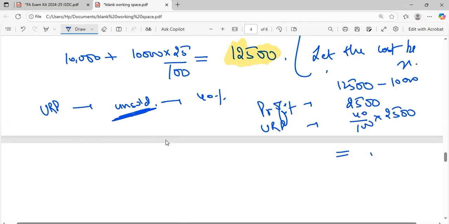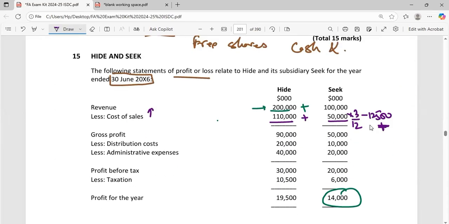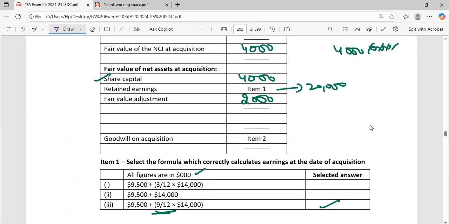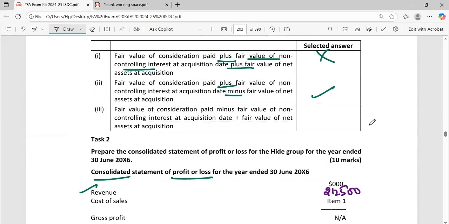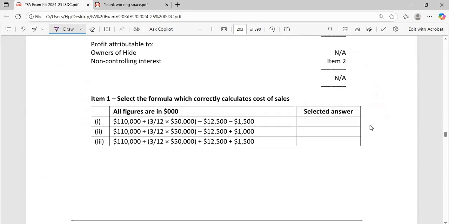So this is coming out to be 1,000. Okay, so I'm going to add 1,000 over here. Okay, so let's see what's the answer coming out to be. It will come out to be 1,11,000. Okay, 1,11,000. I have to choose from the options. So I will take 1,10,000.